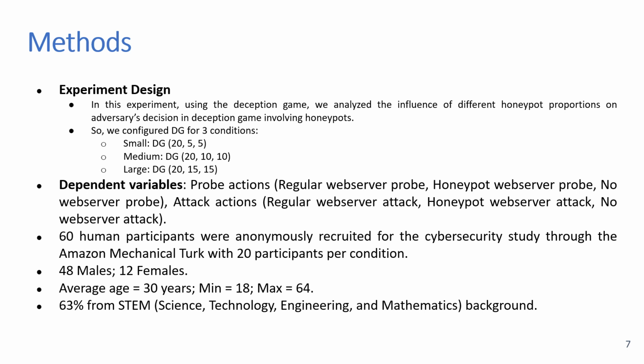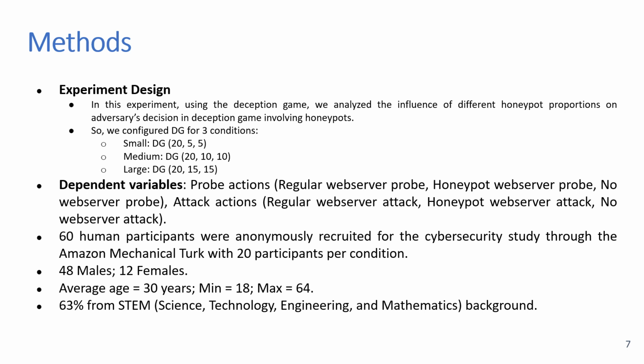So in the small condition we had 20 web servers, out of which five of them were honeypots, and the adversary had the option to probe 5 times. In the medium condition, there were 20 web servers, out of which 10 were honeypot web servers, and the adversary had the option to probe 10 times.